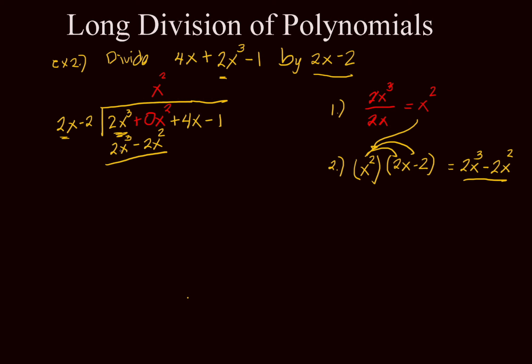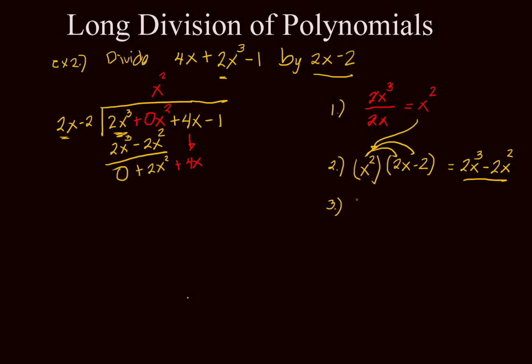2x cubed minus 2x cubed will just give us a 0. And if you have 0x squared minus negative 2x squared, that will just give us a positive 2x squared. Next step, we bring down our 4x, and then we're going to start the process all over again. So for step 3, again guys, it's your first term divided by the first term.